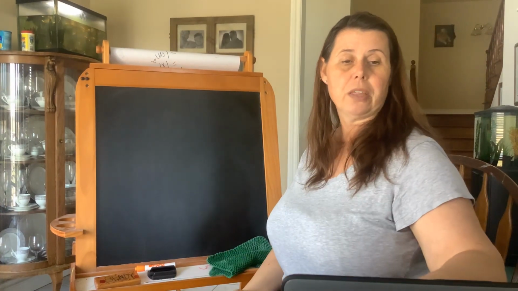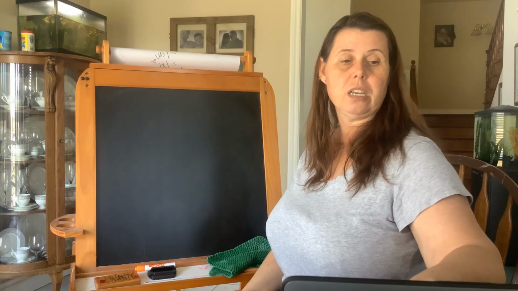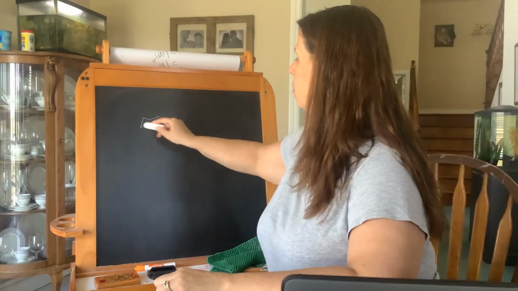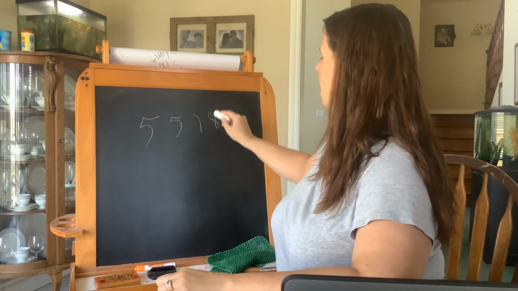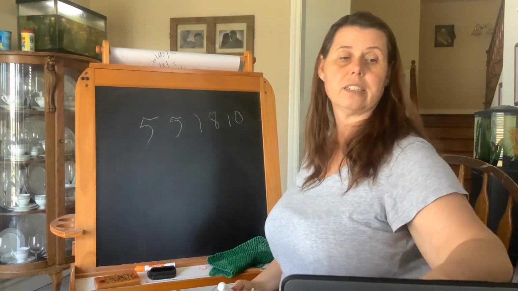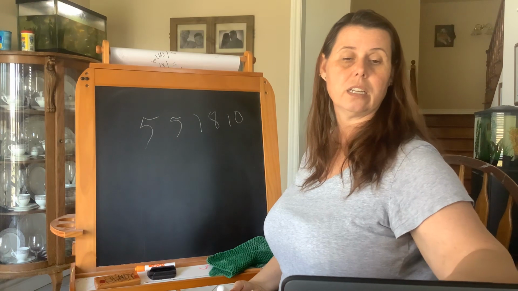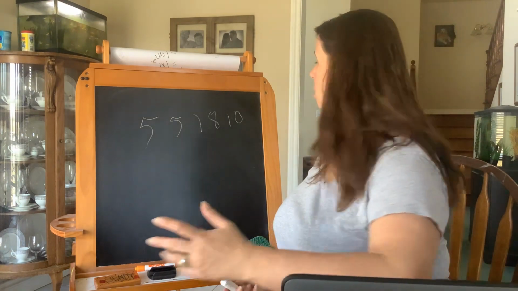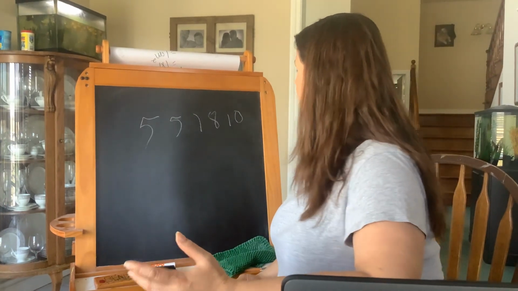Use the bead and block method to explain why the mean and median are the same in the set 5, 5, 7, 8, 10. So they're telling us that the mean and median are the same. So let's assume it's going to be 5, right?